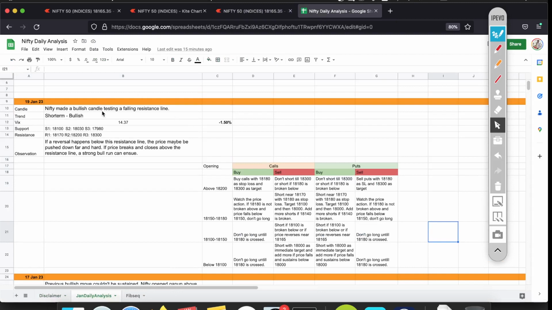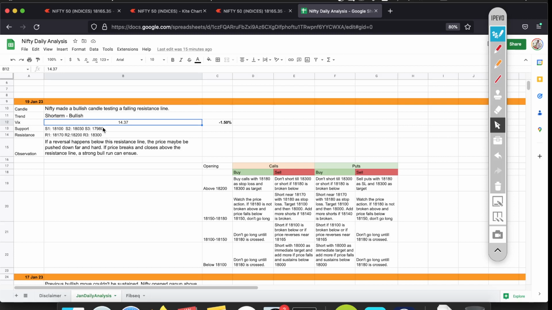Today Nifty made a bullish candle, but it is testing a falling resistance line. So the trend looks short-term bullish, and VIX has also fallen considerably. The first support can be at 18,100. The next one would be at 18,030, and the next closest one would be at 17,980.